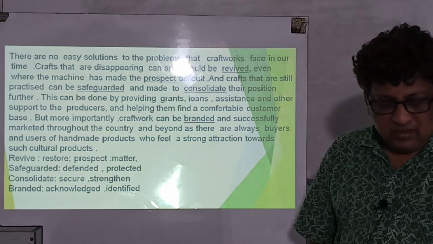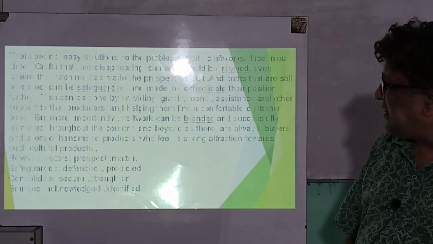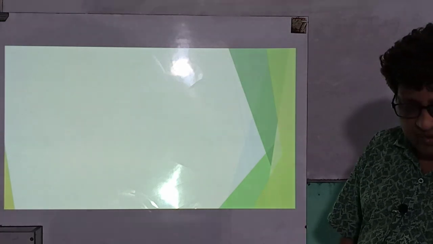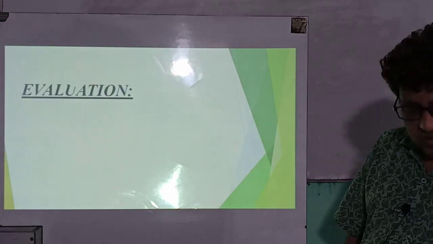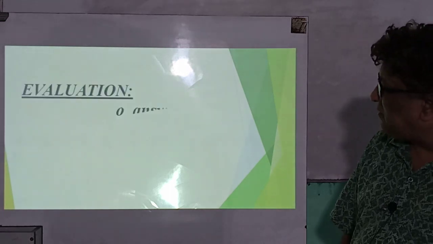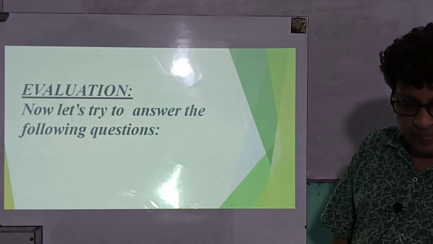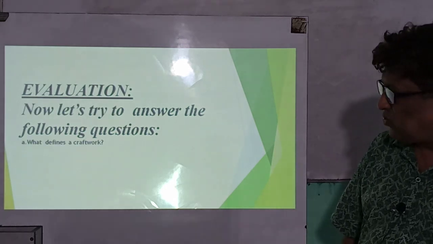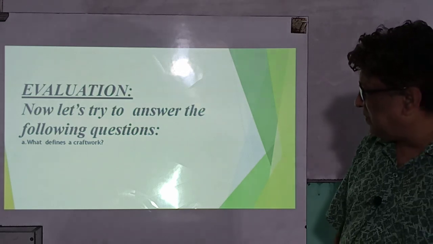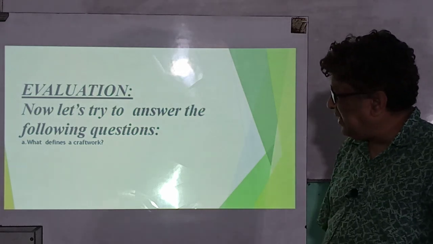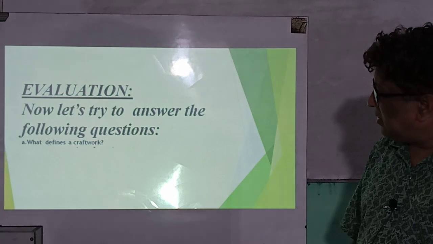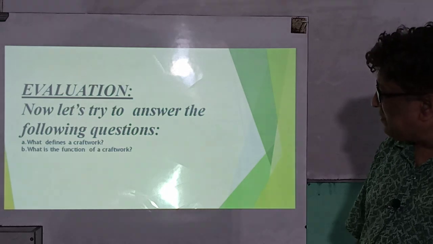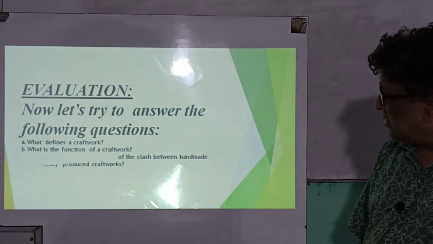And then we have faced an evaluation of our understanding of the passage by attempting to answer five questions. First, what defines a Kraftwerk? What is the function of a Kraftwerk?